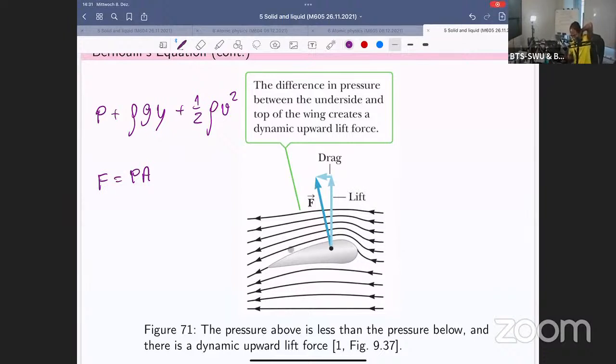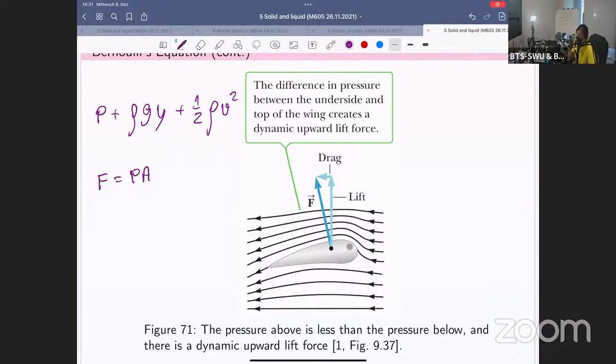And once you let the airplane move, because air has friction, right? Because air is a kind of fluid, and the fluid should have viscosity. The viscosity is actually the friction, and the friction here will take place in terms of drag force.